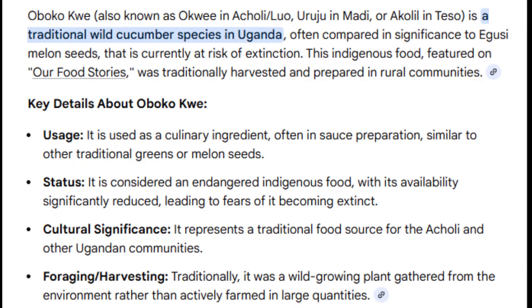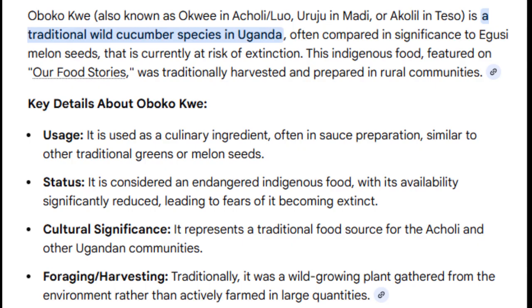So this indigenous food is traditionally prepared in rural areas. Some of the key details about Oboko are: it is used as a culinary ingredient, often in a sauce preparation similar to other traditional greens or melon seeds, and it is considered an endangered indigenous food, with its availability significantly reduced, leading to fears of it becoming extinct.